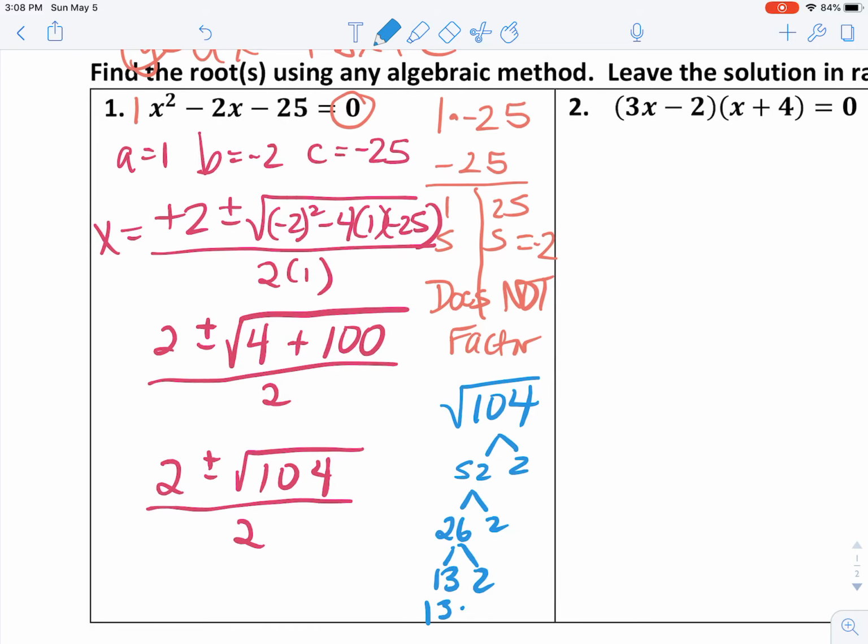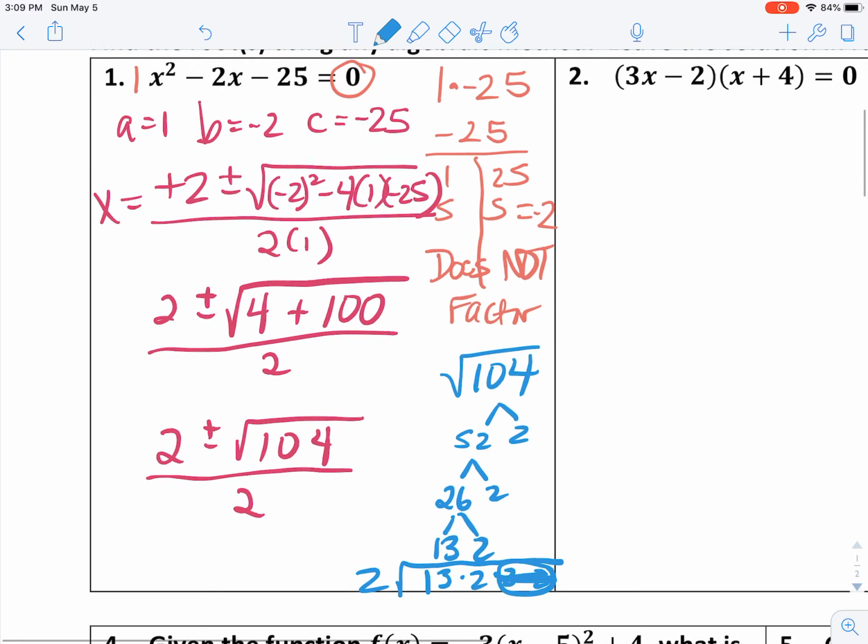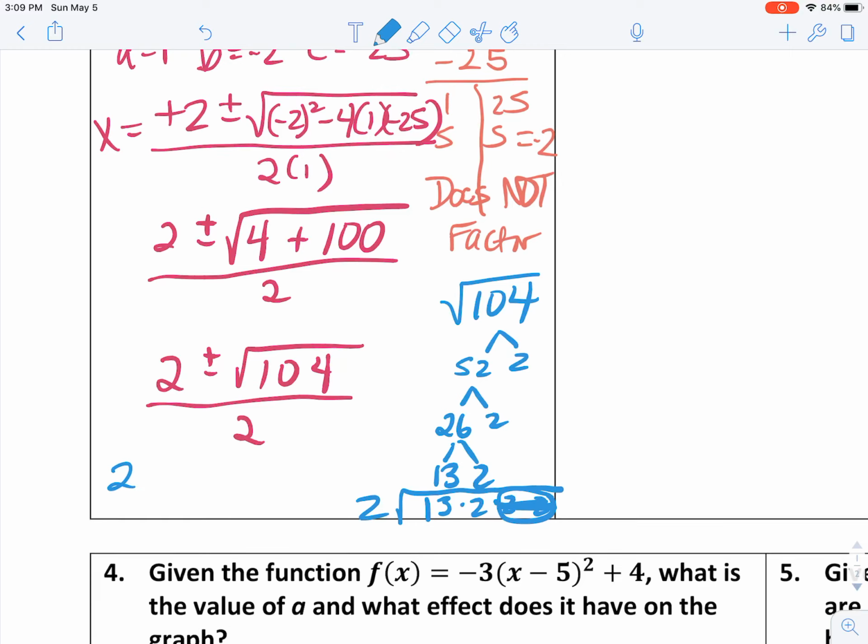So it's 13 times 2 times 2 times another 2. Well, anytime we have two of the same number, that is a perfect square, so a 2 goes on the outside, and then we leave the 26 there. So we'd be left with 2 plus or minus 2 square root of 26 over 2.